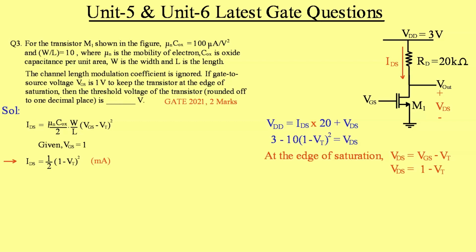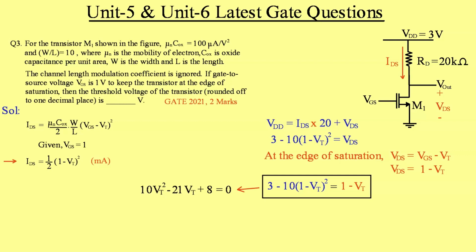Also, at the edge of saturation, we know drain to source voltage is equal to gate to source voltage minus threshold voltage. Gate to source voltage is provided to be 1, which will give us drain to source voltage to be equal to 1 minus threshold voltage. Now if we put the value of drain to source voltage in the above equation, we will get this equation. Simplifying it, we will get a quadratic equation. After solving, you will find we have two values of threshold voltage.